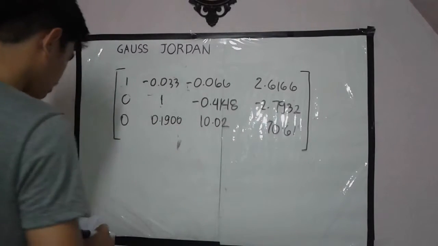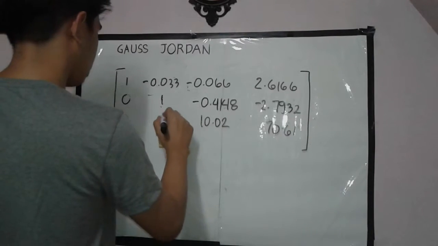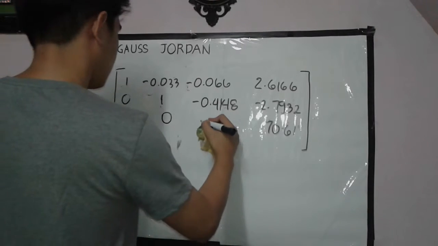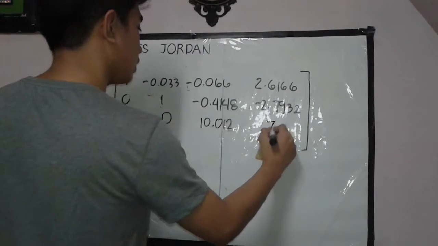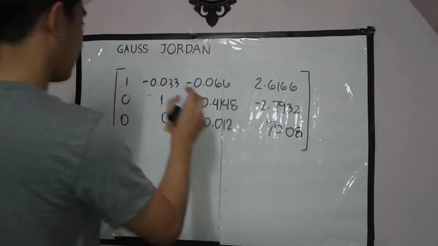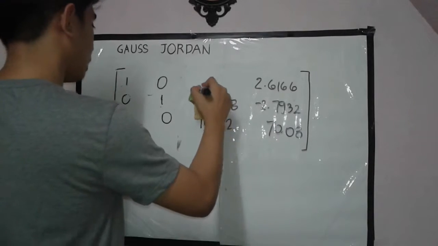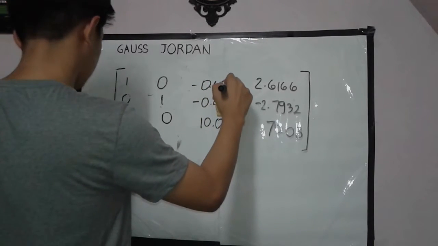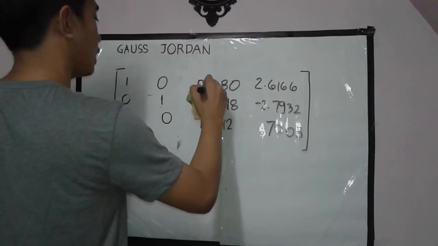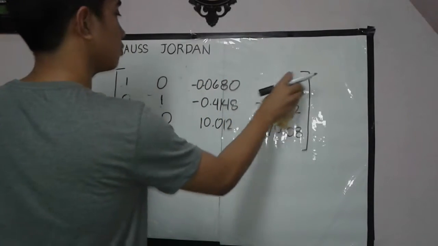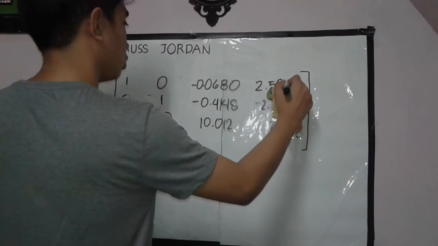So to do that, it will become 0, 10.0112, and 70.08, and it will become 0, negative 0.068, then it will become 2.5235.